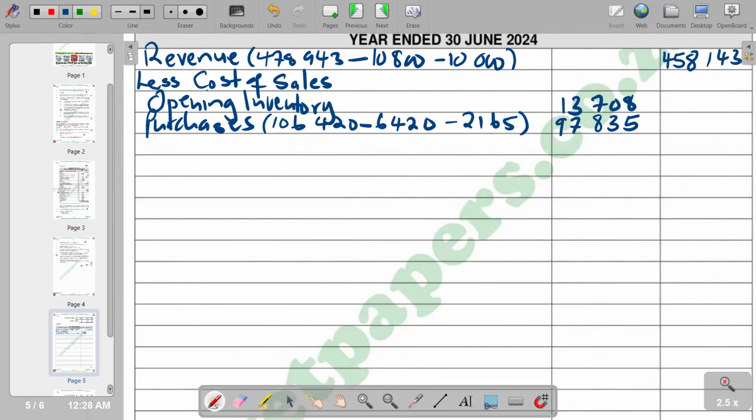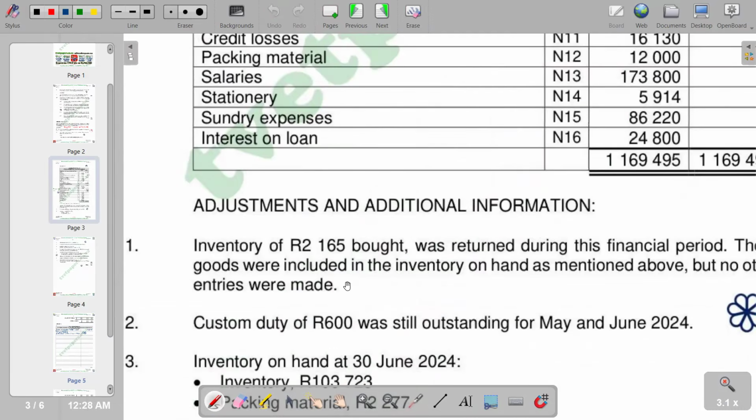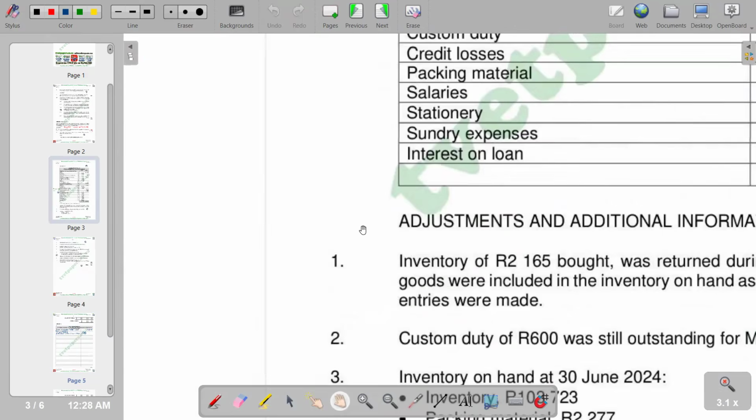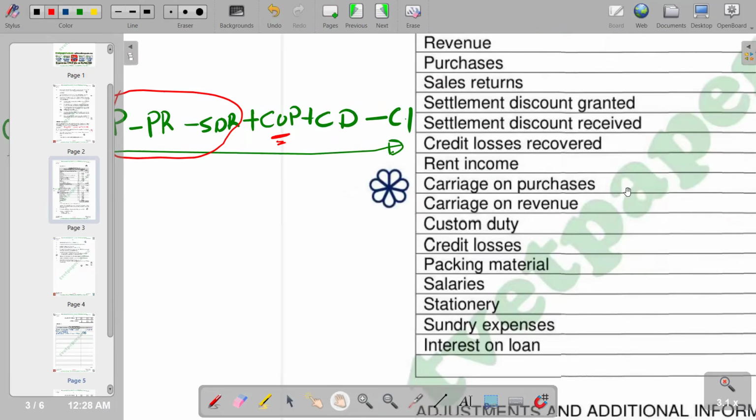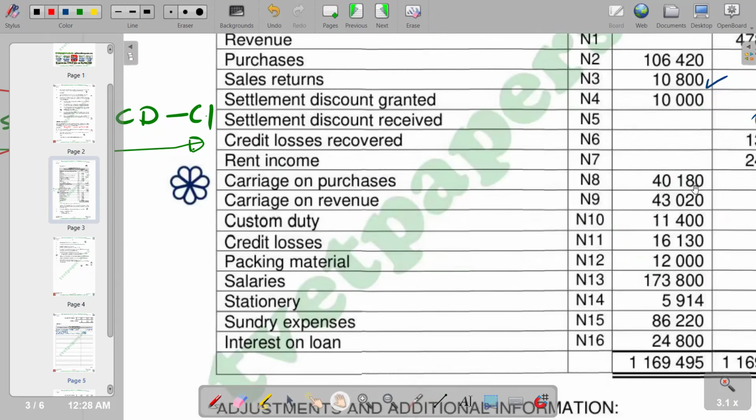And then from there, we are supposed to check according to our formula. We've already adjusted this part, so we are now going to our carriage on purchases. We do have carriage on purchases, 40,180.